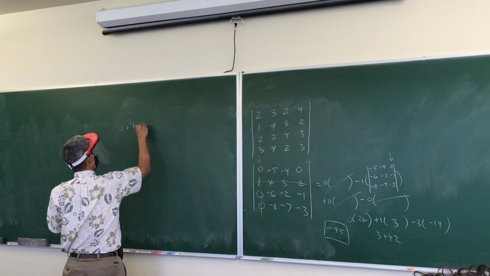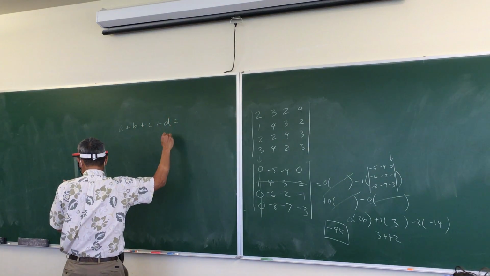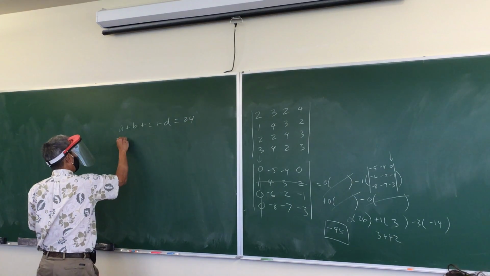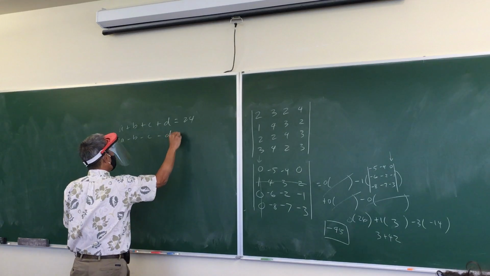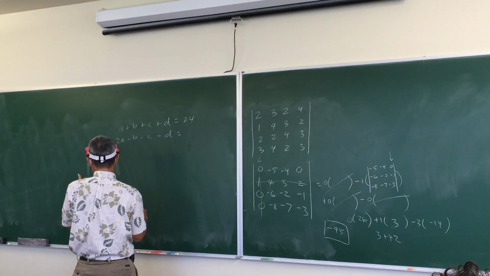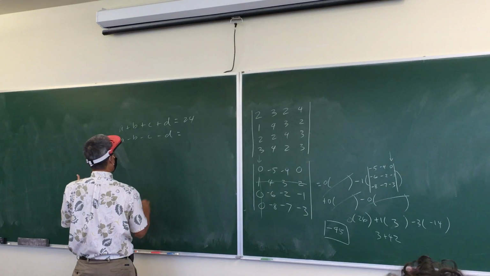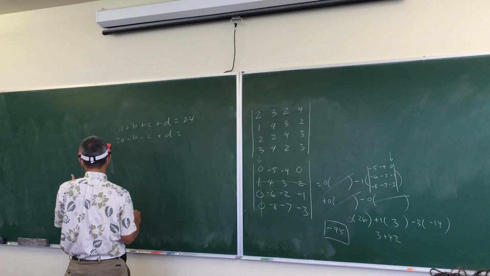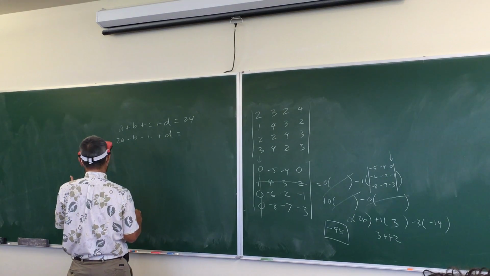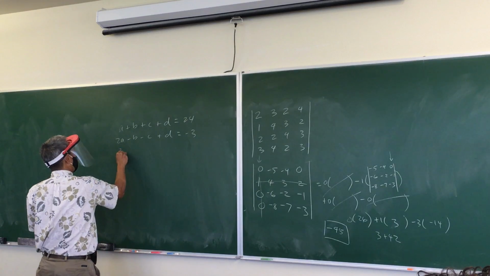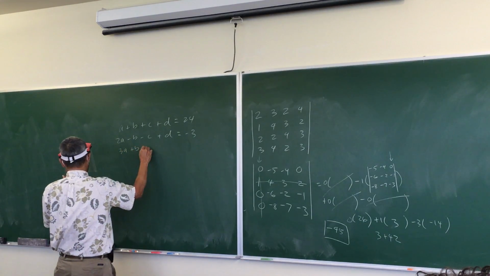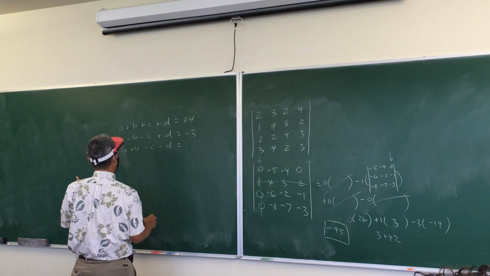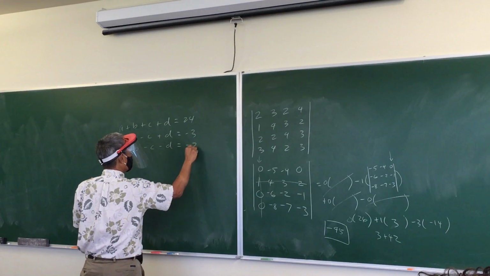A plus B plus C plus D equals 24. 2A minus B minus C minus D equals -3. 3A plus B minus C minus D equals -2.